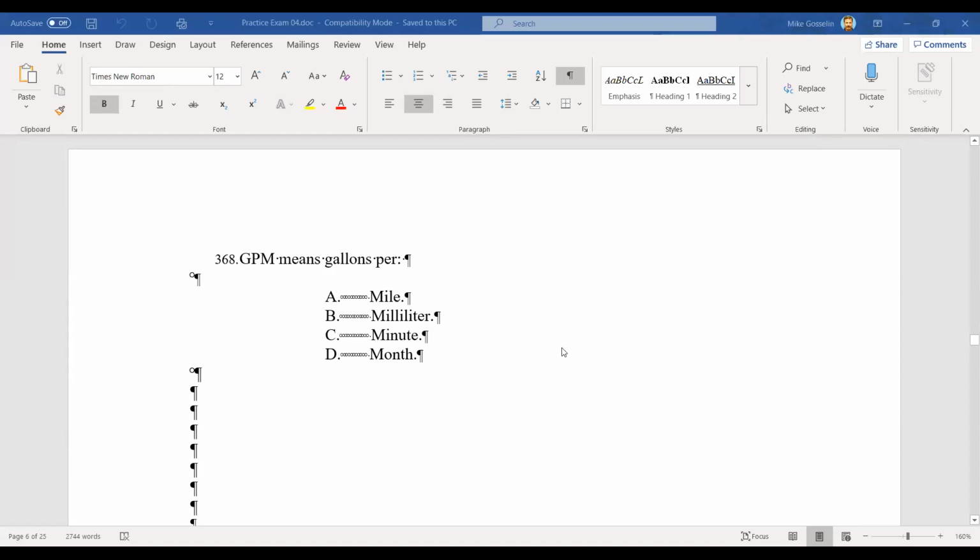GPM means gallons per... Gallons per minute, that's right. There will be some easy questions on your exams and some that aren't, but definitely gallons per minute. GPD would be gallons per day, that type of thing, okay?